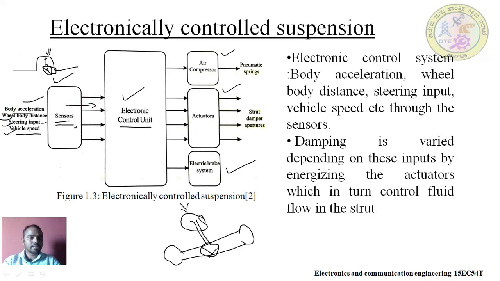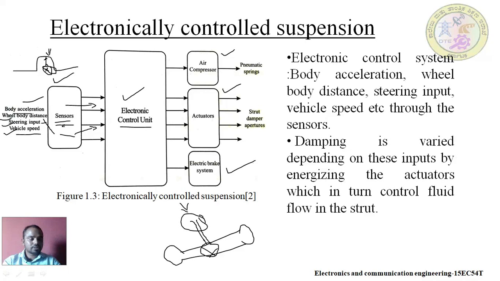That is known as a sensor. For example, if I use an ultrasound sensor here to check the wheel body distance, that distance is calculated with the help of the ultrasound sensor, which converts it and sends an electrical signal.